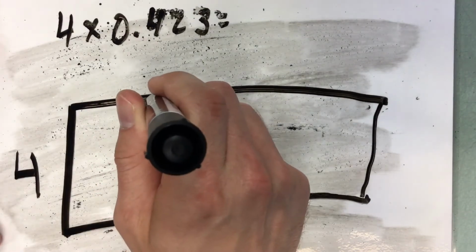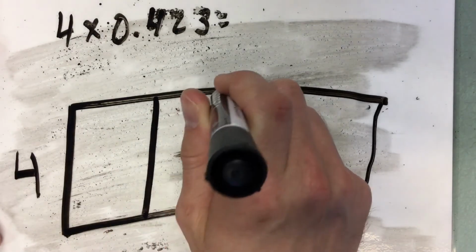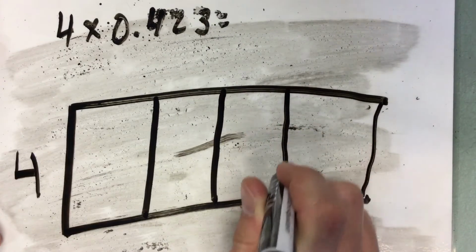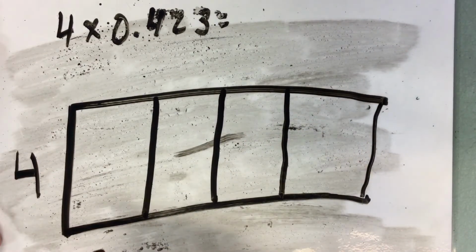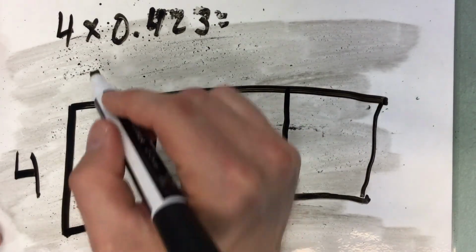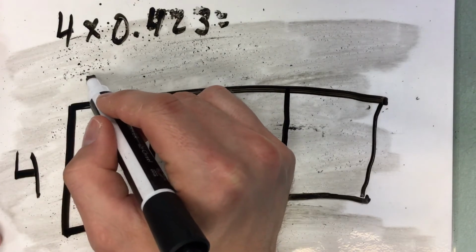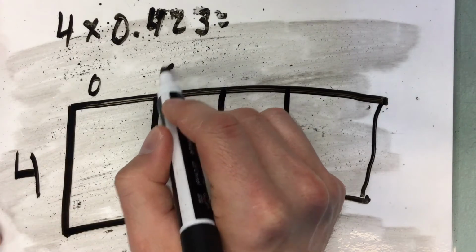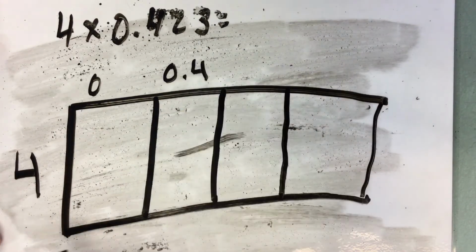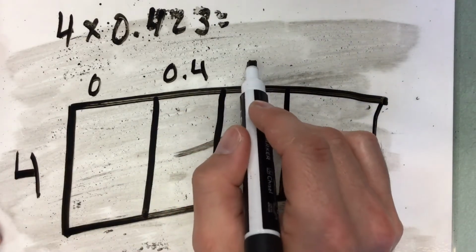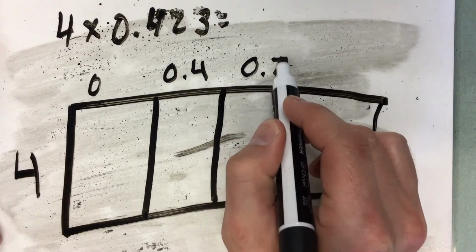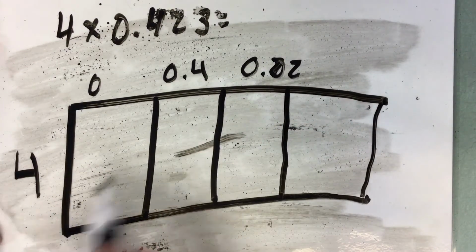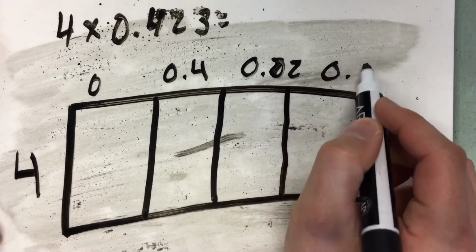Then I'm going to make partitions for my ones, tenths, hundredths, and thousandths. So I know that I have 0 ones, I have 4 tenths, I have 2 hundredths, and I have 3 thousandths.